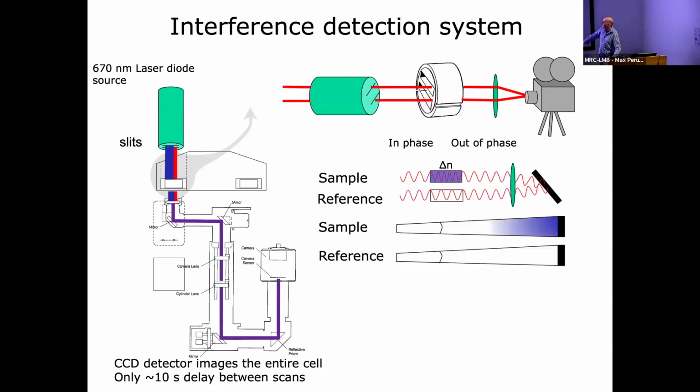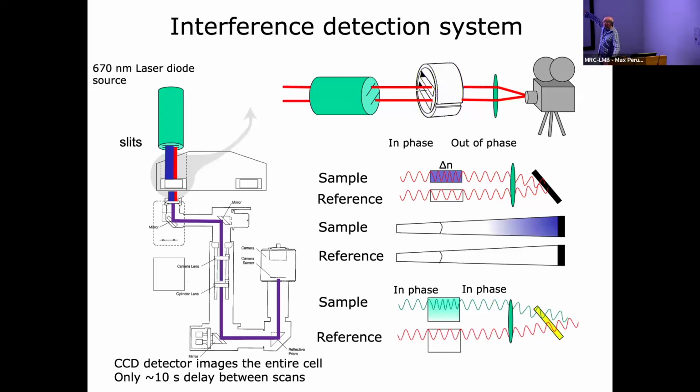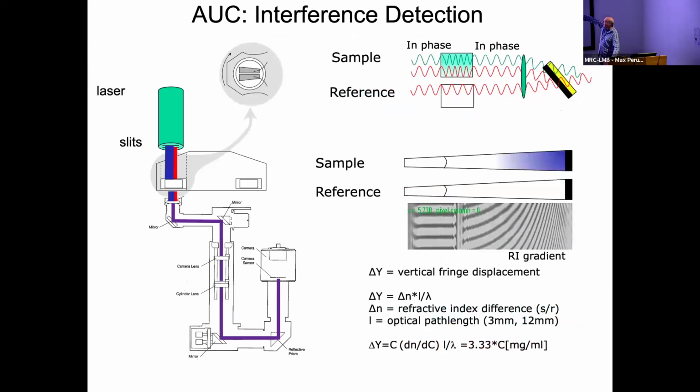And of course, what you get is interference. That interference will depend upon the refractive index change between the sample and the reference. So you can get destructive interference, a black line, or you can get in-phase, constructive interference and get a bright line. When you spin a sample, it looks like this. You get this pattern of black and white interference.